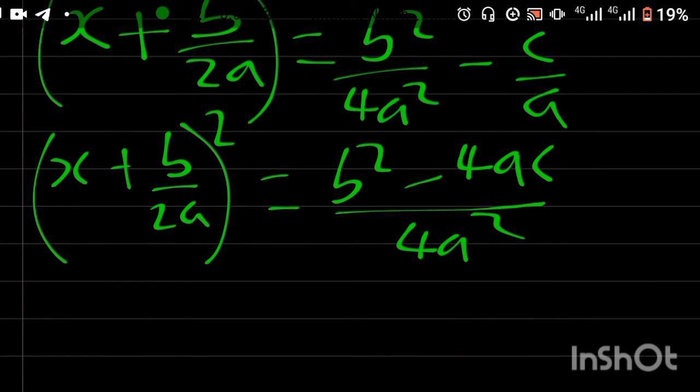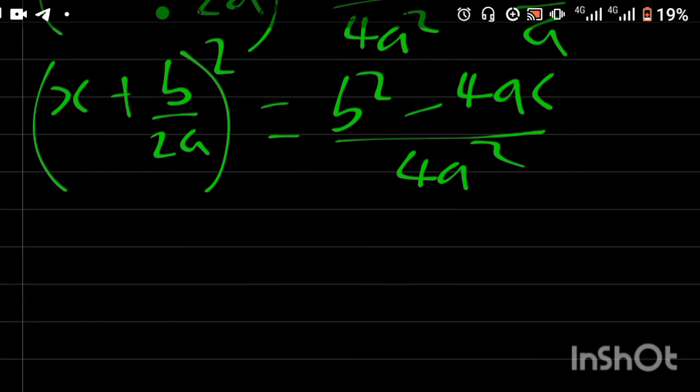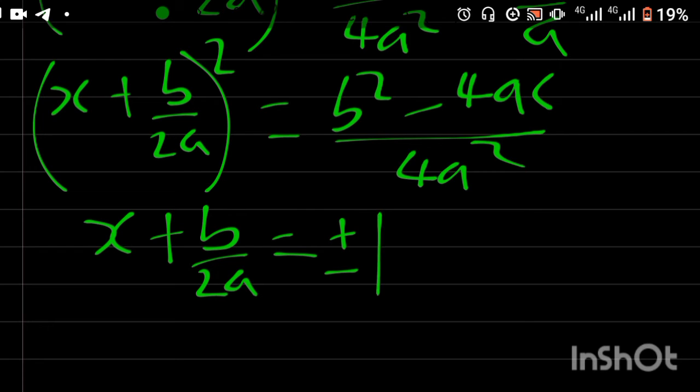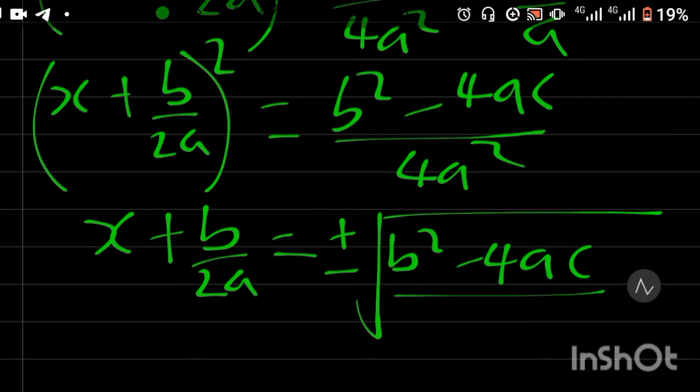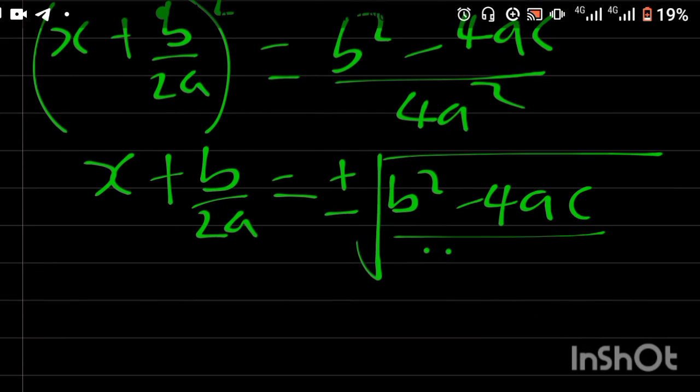At this particular stage, I'm going to remove the power I have here by taking the square root of both sides. And anytime you take the square root of both sides, make sure you add your plus or minus sign. So x is equal to plus or minus square root of b squared minus 4ac all over 4a squared inside the square root.